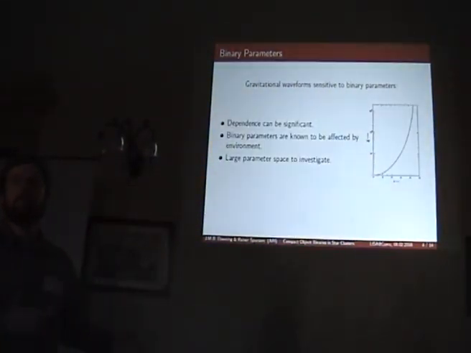So basically, what are we trying to do and what are we interested in? Well, the gravitational waveforms, as we've said time and time again, are of course very sensitive to binary parameters. The dependence is very significant, and in particular not just in the waveforms itself, but in time scales and event rates. This is a very old plot from a paper of Peters and Mathews in 1963 with the enhancement factor of power radiated in gravitational waves in an orbit-averaged sense over a circular orbit.